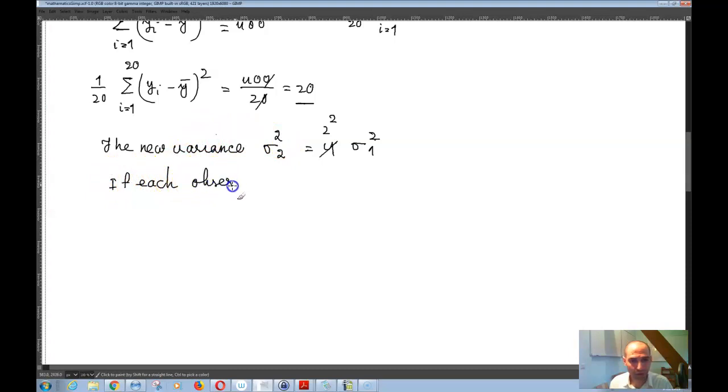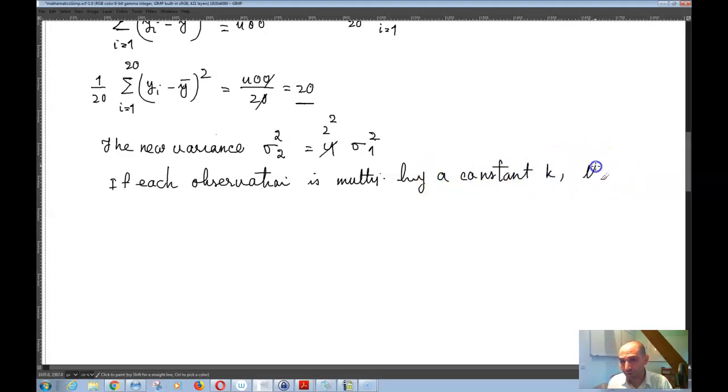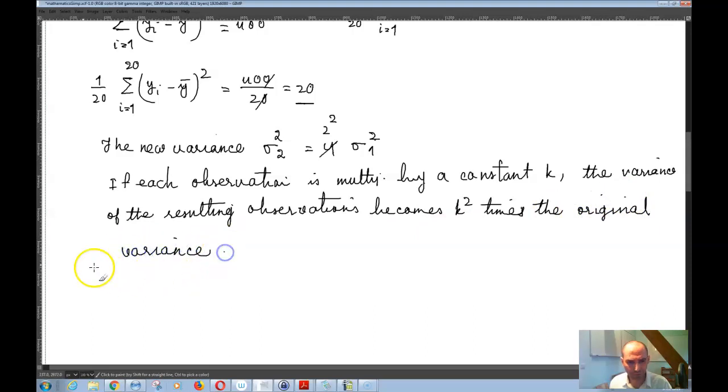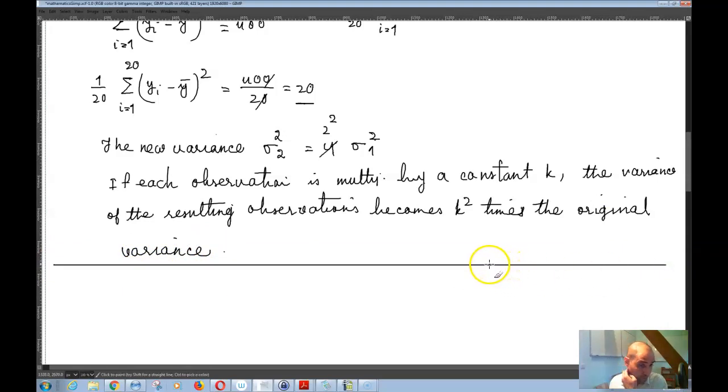But if each observation is multiplied by a constant k, the variance of the resulting observations becomes k squared times the original variance, which is something, of course, useful when you get into higher mathematics.